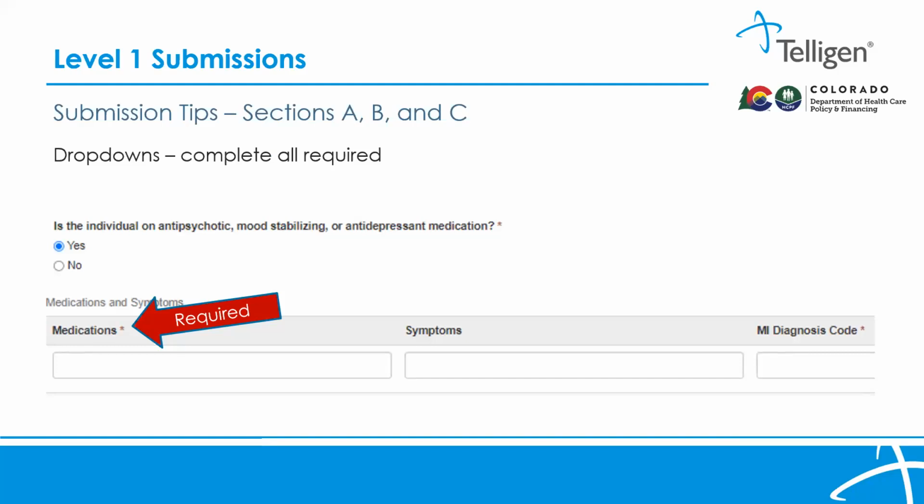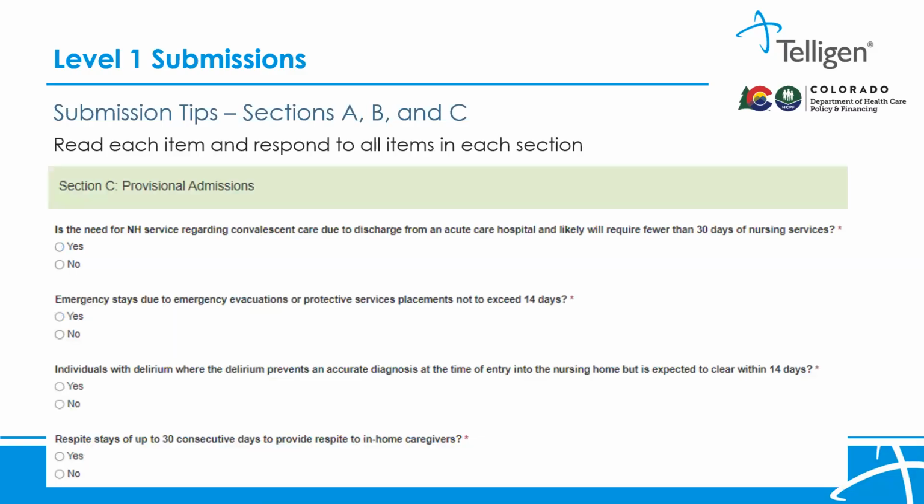As we also talked about, any fields that have a red asterisk are required. Qualitrac does require answers to all the main items and then some drop downs. And you will find, like Cassie demonstrated, that you will not be able to submit your case unless all of the required items are satisfied. Next slide, please.